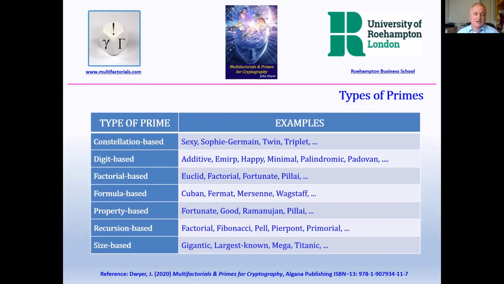Property based: Ramanujan, good, fortunate, and so on. Recursion based, well, most of us know the recursive definition of Fibonacci numbers. See them in school: factorial numbers, Pell, primorial. And then finally, size based, no surprise that in cryptography we're looking at very large numbers, particularly prime numbers. And in that case, we look at gigantic, largest known, mega, titanic, and so on.